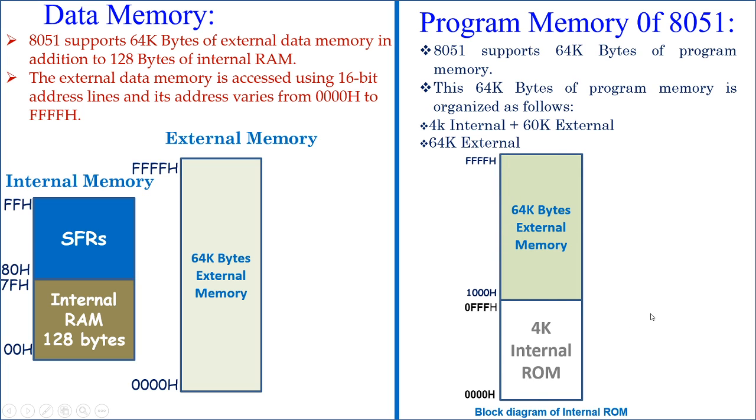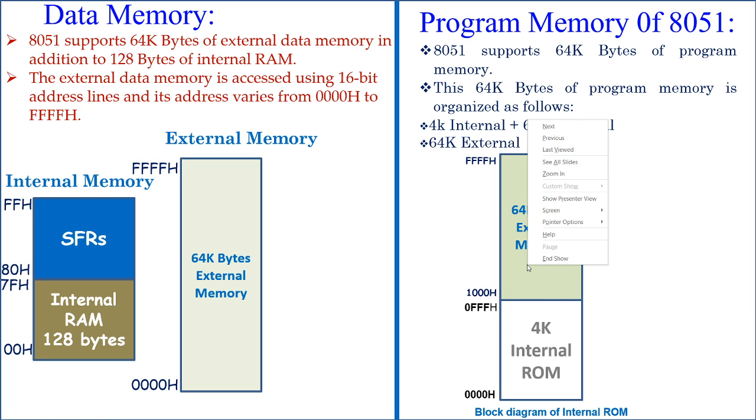It is attached with 60K external memory, whose address starts from 1000H and ends at FFFFH. So this 4K plus 60K is 64K bytes. So this is the program memory.